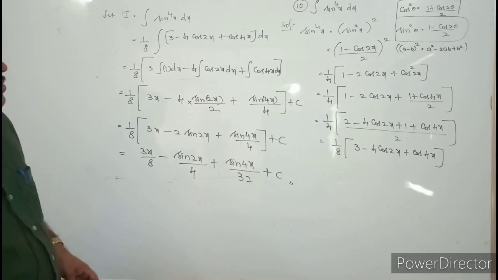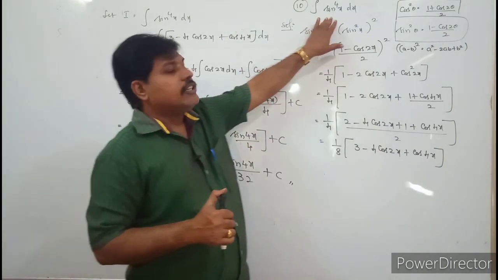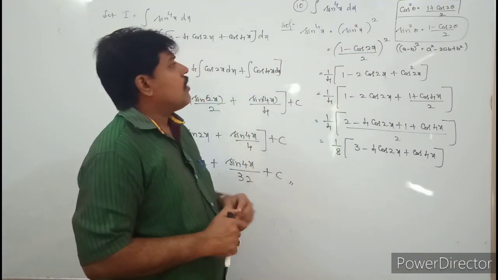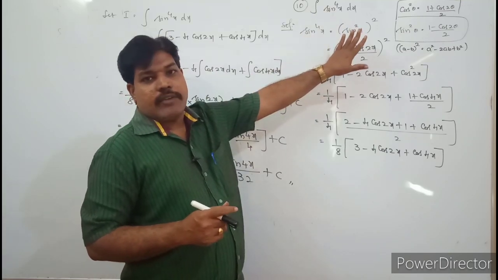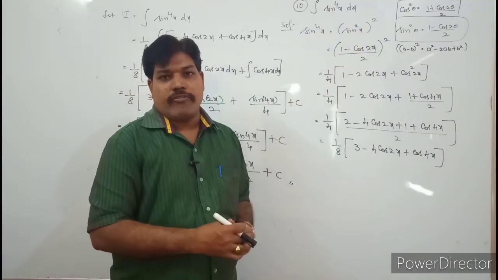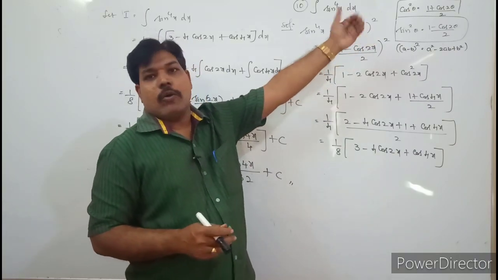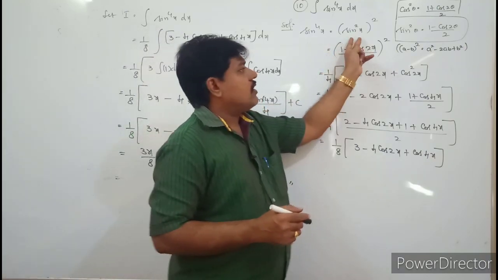So see students, what is the question? The integral of sin^4 x dx. We simplify first: sin^4 x can be written as (sin^2 x) whole square. So what is sin^2 x?